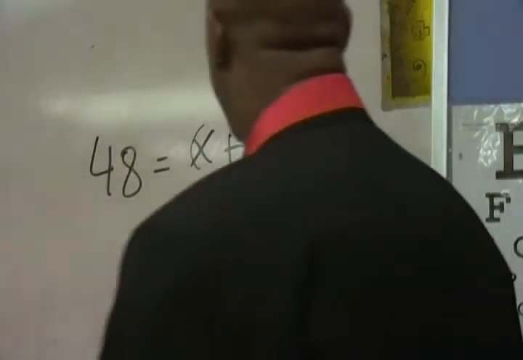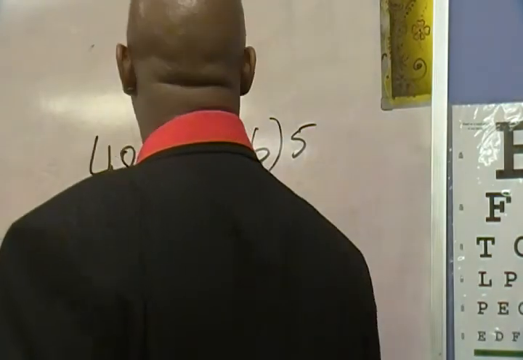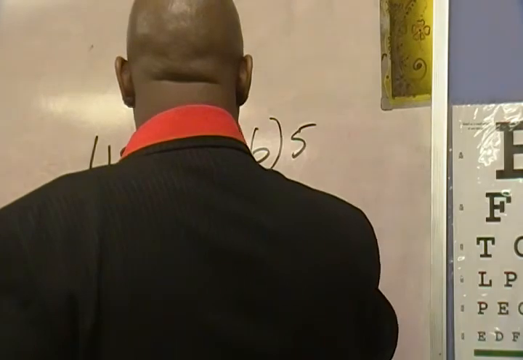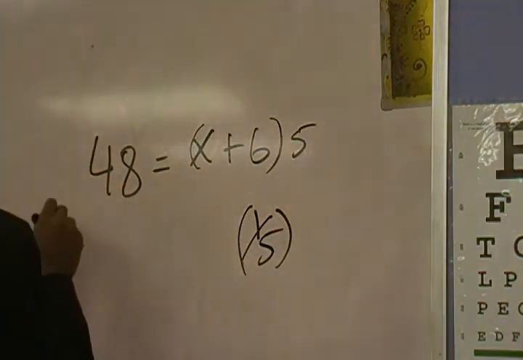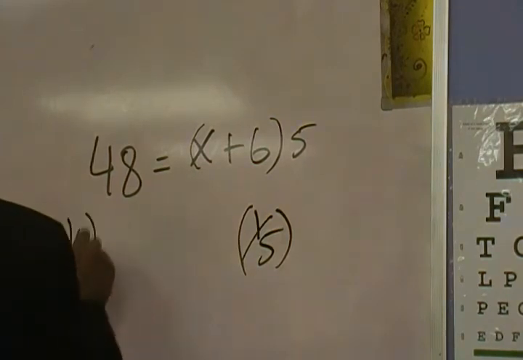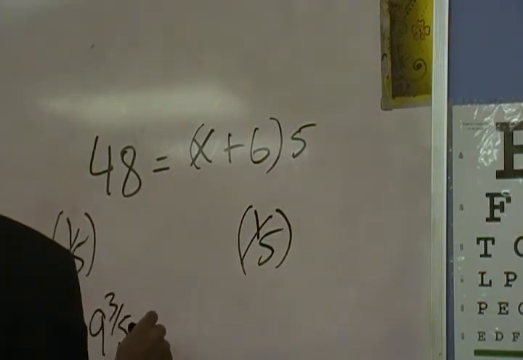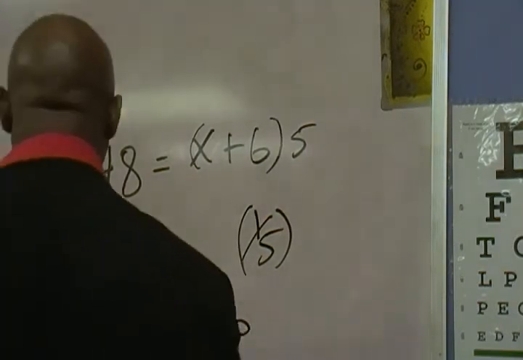The reciprocal of 5 would be, watch this, 1/5. Okay. So one way to do this, I would do 1/5 here and 1/5 here. All right, so that would give me, on this side, 9 3/5 equals x plus 6.